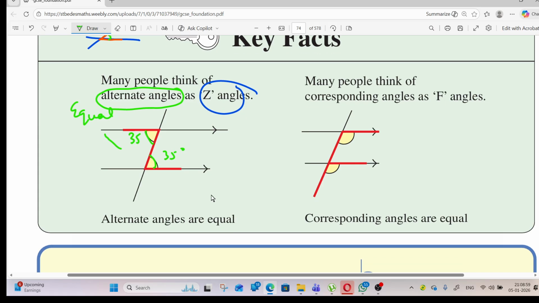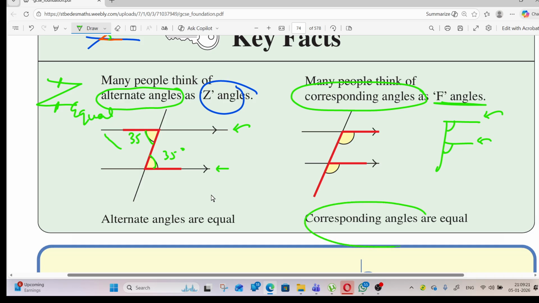Then again, this is only for parallel lines, okay? Because in Z we have these two parallel lines, this and this, right? Similarly, corresponding angles make F angles. Again in F we have two parallel lines, this is parallel to this, so this is also for parallel lines. This angle is equal to this, and these two angles are called corresponding angles.